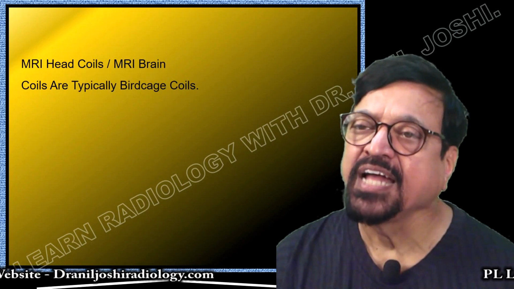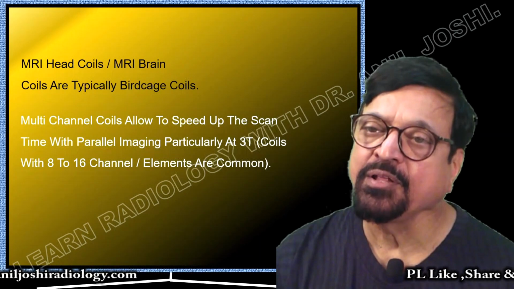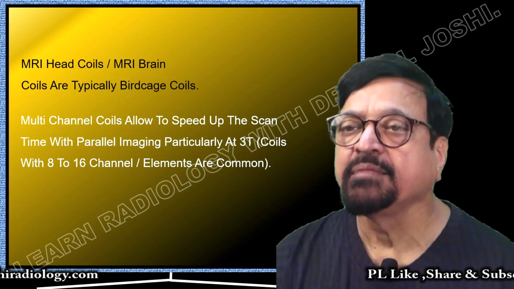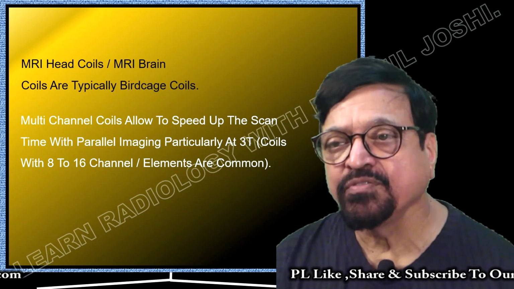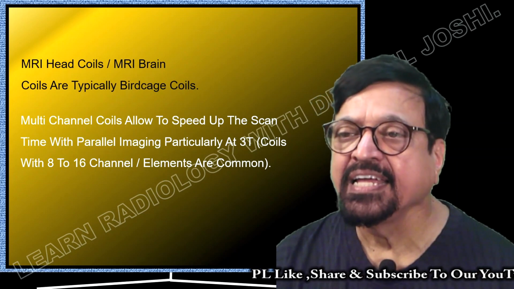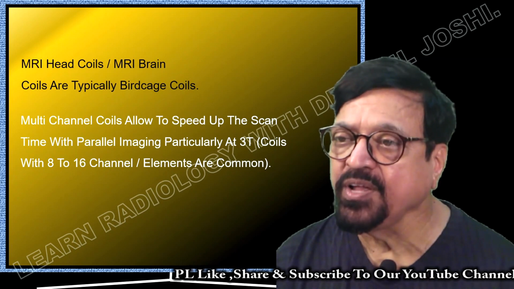MRI head coils and MRI brain coils are typically birdcage. They are available in all the machines. Then multi-channel coils increase the speed of scanning with parallel imaging, particularly at 3T. So your magnet has to be powerful.